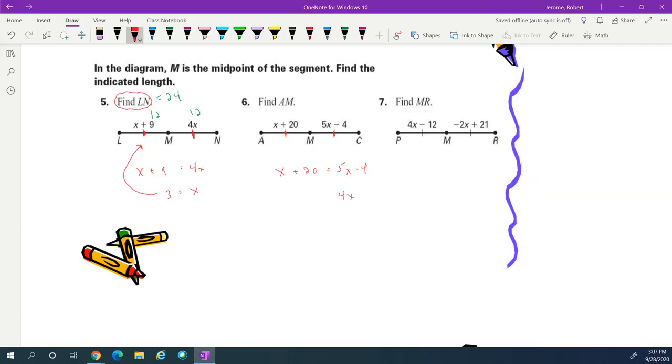We've got 4x, 24, x equals 6. We were asked to find AM. Plug it in. AM is x plus 20. So AM equals 6 plus 20, or 26.